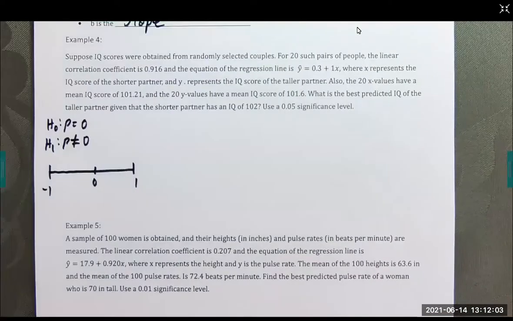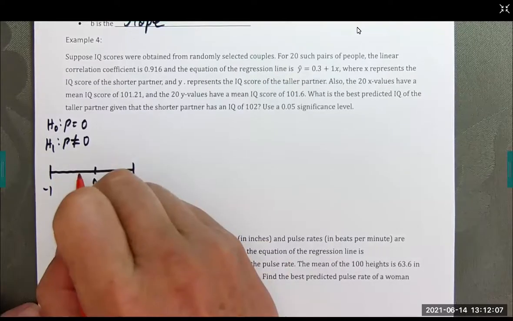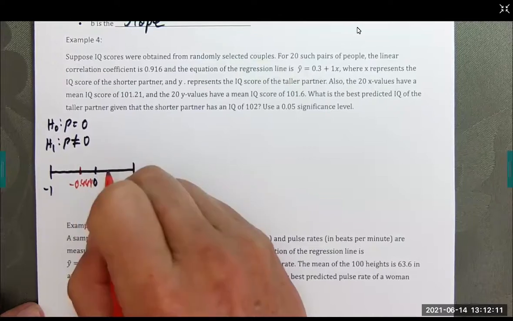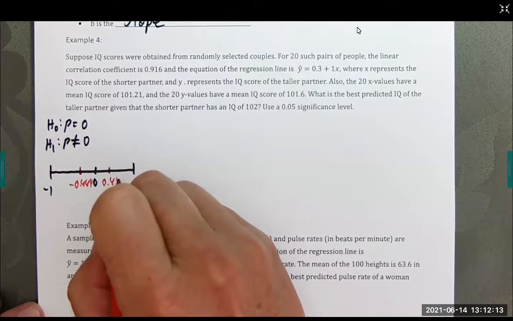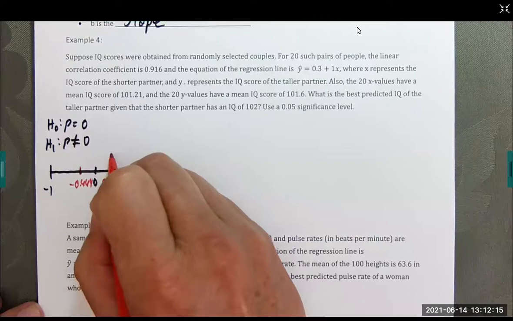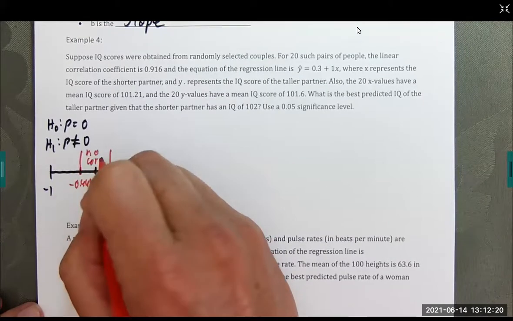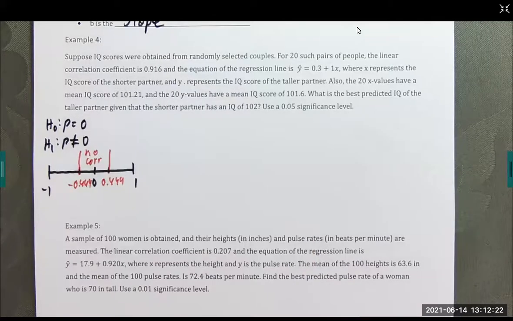All right, let's mark that up. So this is our no-go zone here. So if we're in here, there is no correlation. However, if we are out here, then there is a correlation.